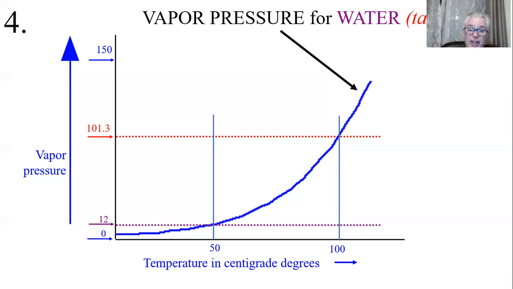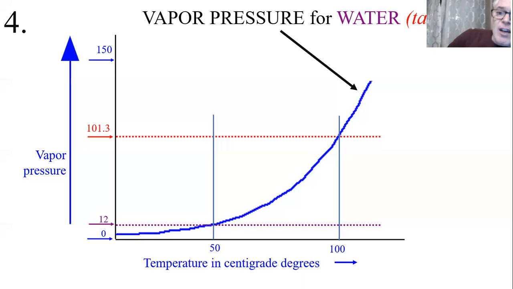That means the water is going to evaporate that much more, almost triple what we had at 50. And if we heat it up to 100 degrees centigrade, which is the boiling point, we're going to get 101.3 kilopascals of pressure, which actually equals air pressure. So this curve tells us, at any temperature, how much extra pressure is caused by the evaporation of a liquid.